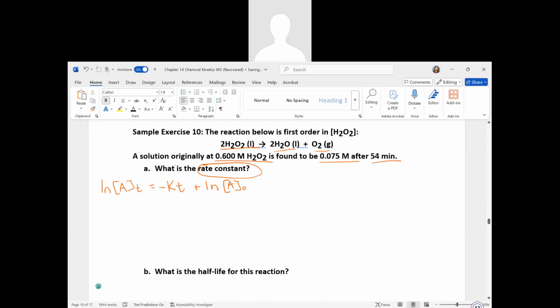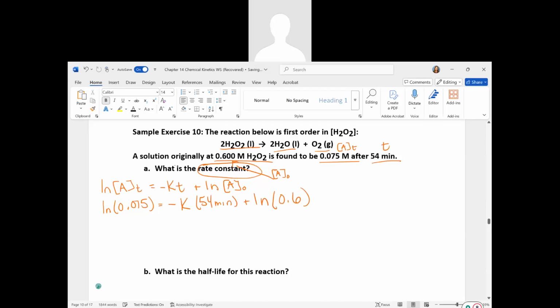Given these values, this is my concentration at time t, this over here is my initial concentration, and this is my value for t. I'm going to plug these in, and we would see that the natural log of 0.075 will equal negative k. Our time is 54 minutes. And then we're going to add to that the natural log of 0.6, our initial concentration.